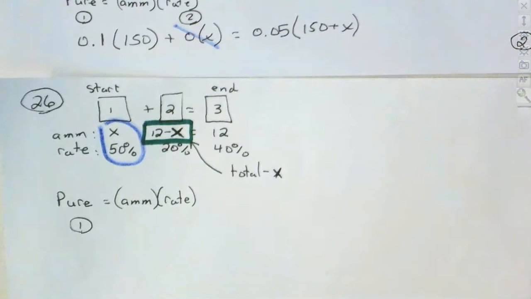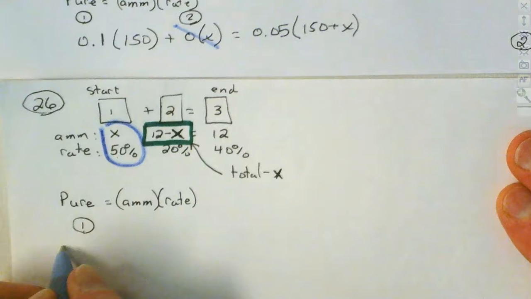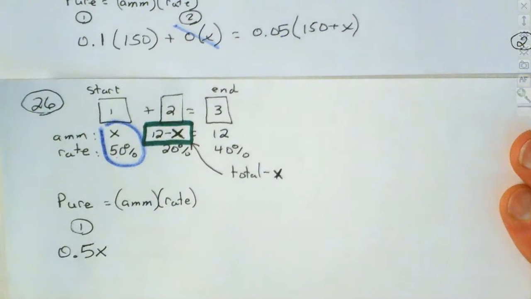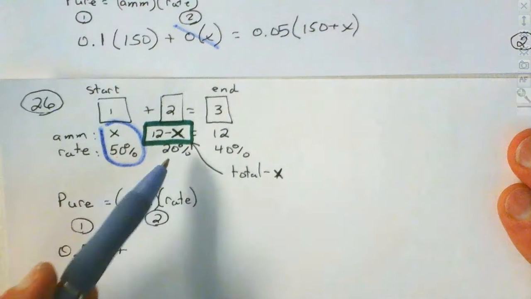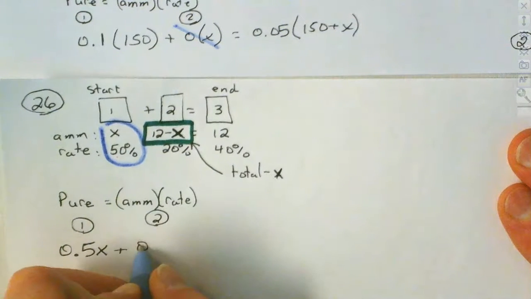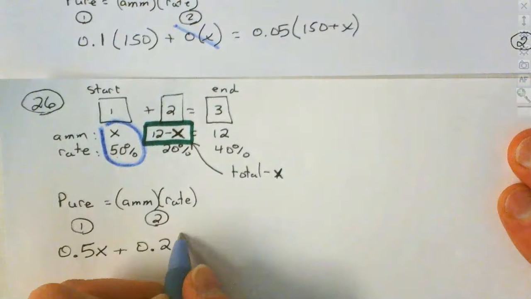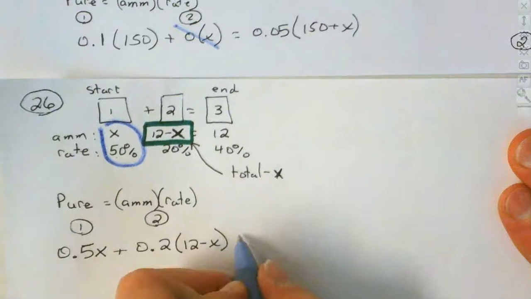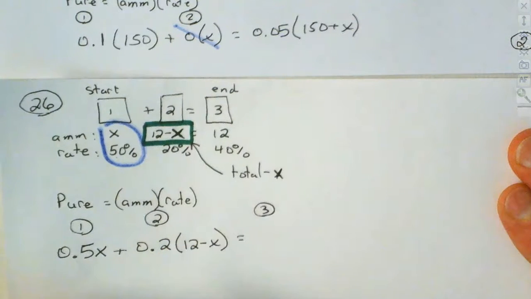So what would this look like as an equation for box 1? 50%, that's 0.5, unknown amount X. Box 2 or container 2, what's its percentage? 20%, so that's 0.2. And how much is in there? 12 minus X. On the right-hand side, that's box number 3.